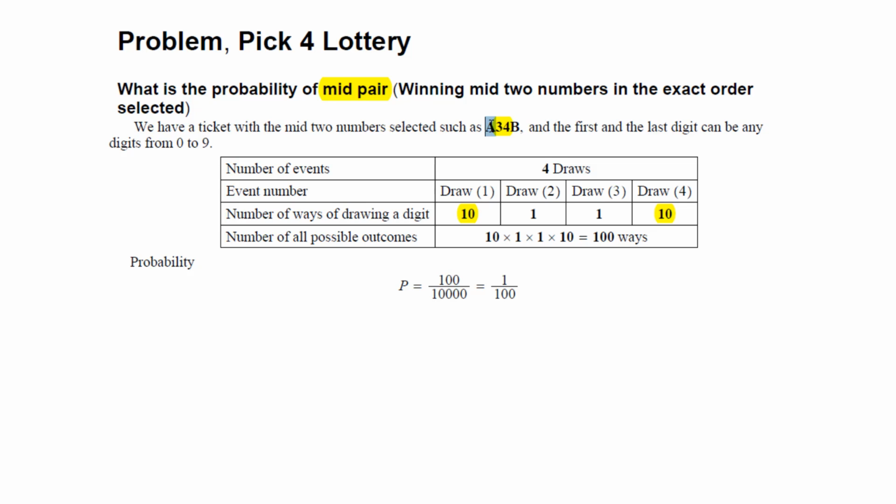So A could be any number from 0 to 9 and B could be any number from 0 to 9. In such a case, the first digit can be chosen in 10 ways, the last digit can be chosen also in 10 ways, while the mid digits can be chosen in one way only. So we multiply all of them together and we get 100 winning tickets in this case.